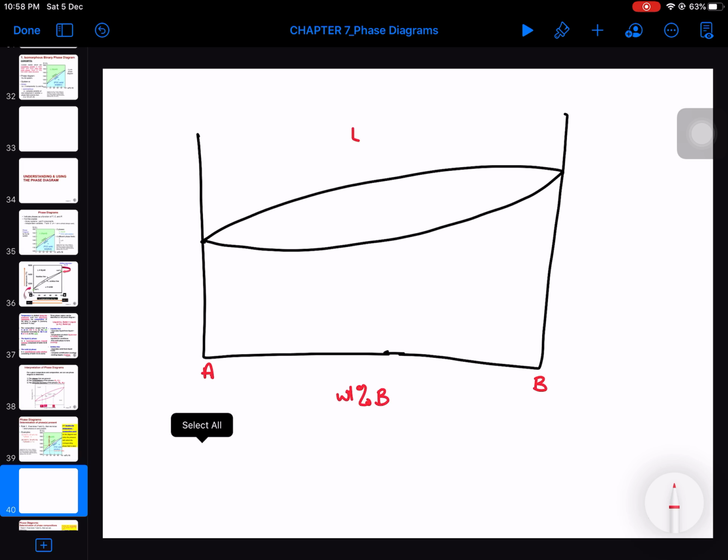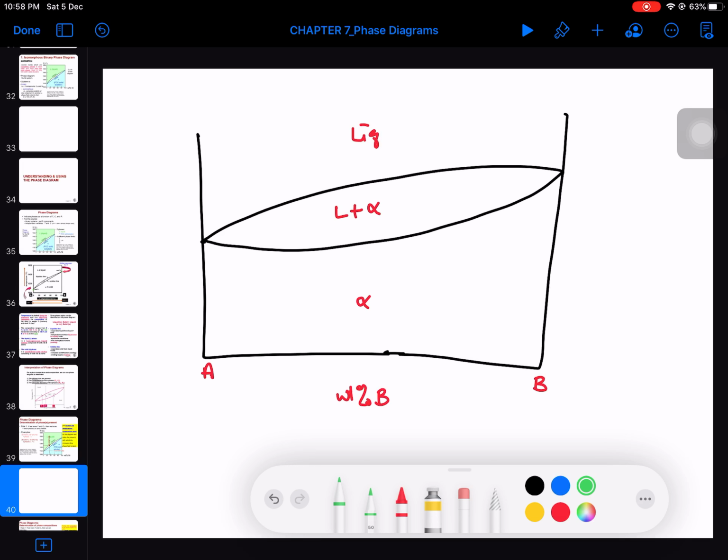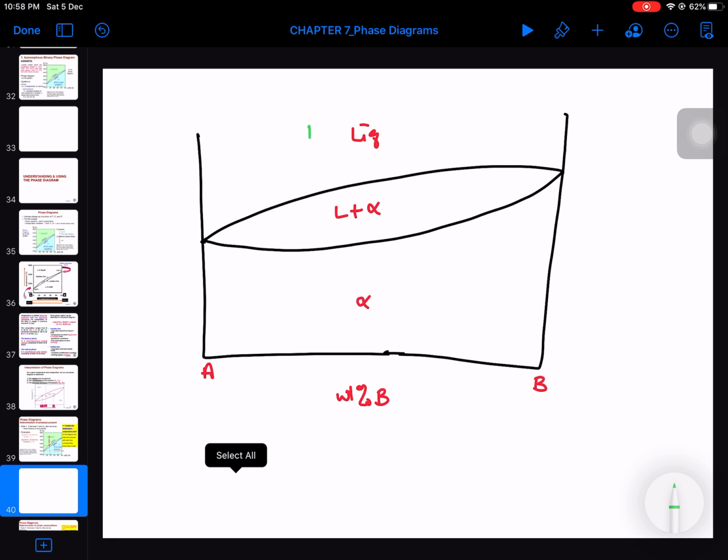We have liquid here, liquid plus solid, and let's put the solid as alpha, and this is all solid alpha. Then we have the alloy composition, C naught. Let's say I randomly choose C naught to be at 35 weight percent B. This is the line of the alloy composition.